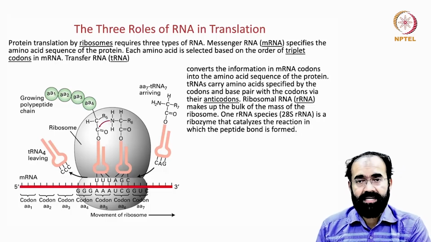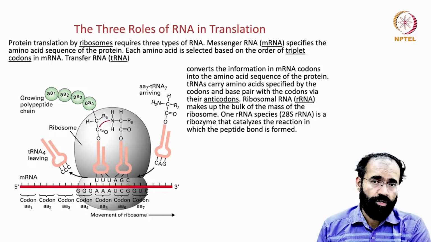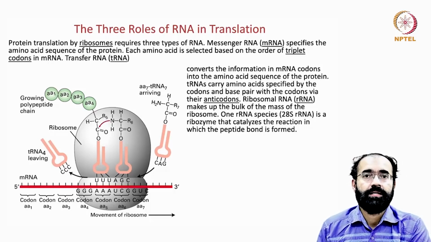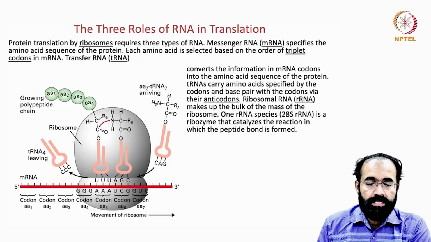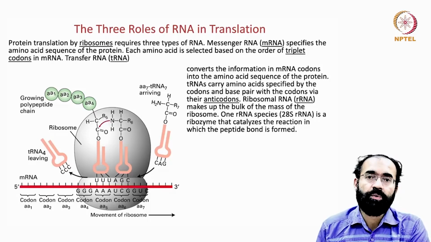And then the transfer RNA. Transfer RNA brings in individual amino acids. A total of 64 codons are possible in a four base system. We have four bases in an RNA: A, U, G and C. The process of translation converts the information in the mRNA codons into the amino acid sequence of the protein.